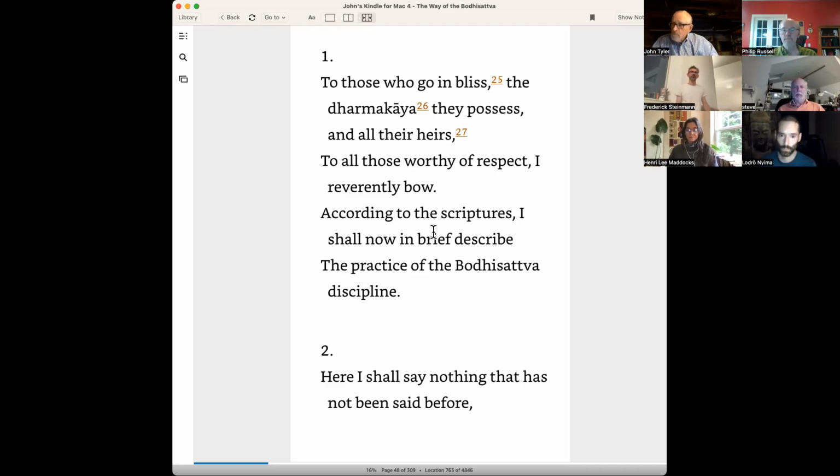And when he says, to those worthy of respect, I reverently bow, this is the aspiration to basically become a Buddha and a Bodhisattva and to appreciate what they represent, which is both reality, a true understanding of the real world beyond confusion, and they also represent enormous compassion. Compassion means caring for and loving all sentient beings.